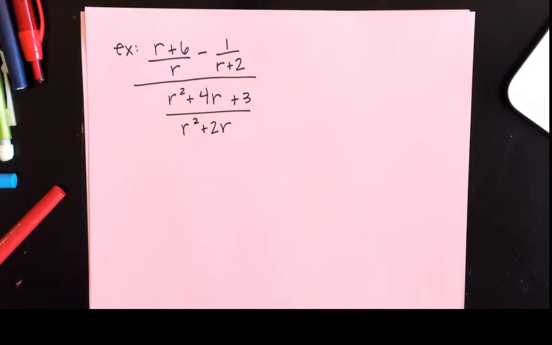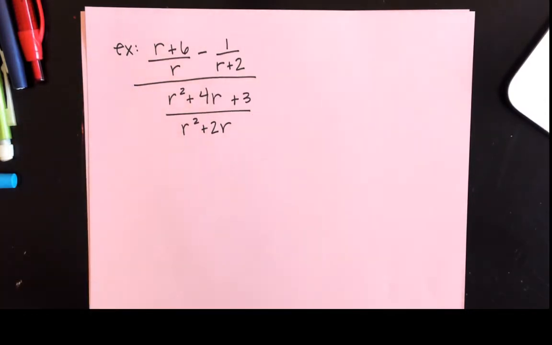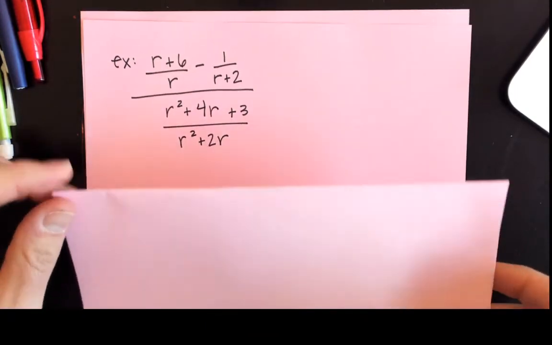So what I'm going to do is, again, work with just the top of our fraction. As long as you've got that under control, I am going to hide the bottom of it, so that all you can see is the top. It works better for me that way, just so I don't feel as overwhelmed.